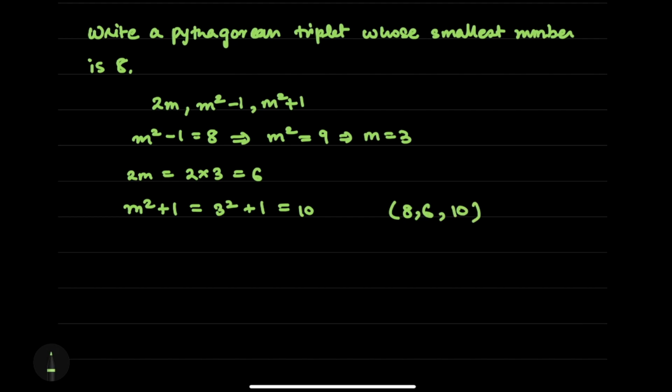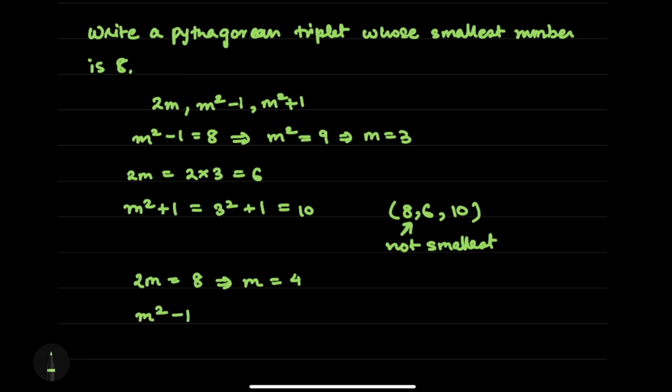But here 8 is not the smallest, right? So we'll try again, and let's assume another value is 8. So let's assume 2m is equal to 8. And then we get m is equal to 4. Then we'll again solve for the others.